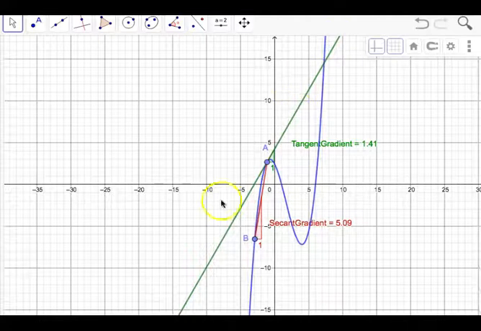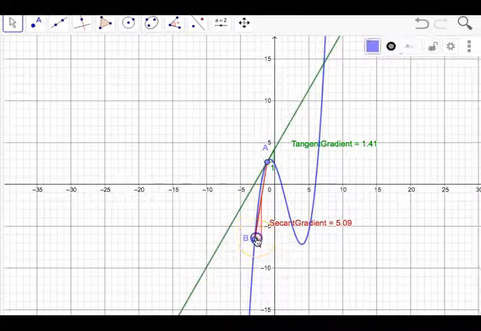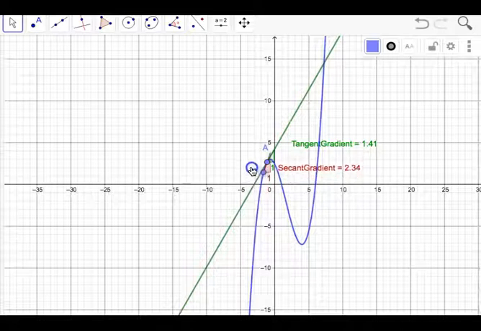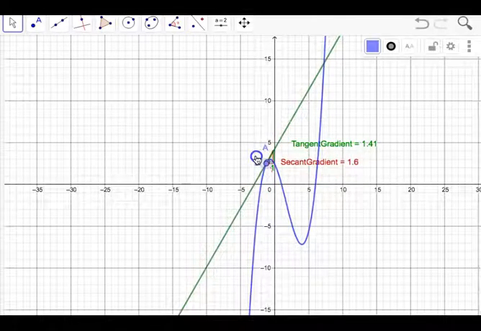It works it out. I've programmed it to work it out. Gradient of the secant here is approaching 1 point, well, it's approaching the gradient of the tangent, which is 1.41. So just put 1.4 to 1 decimal place, okay?